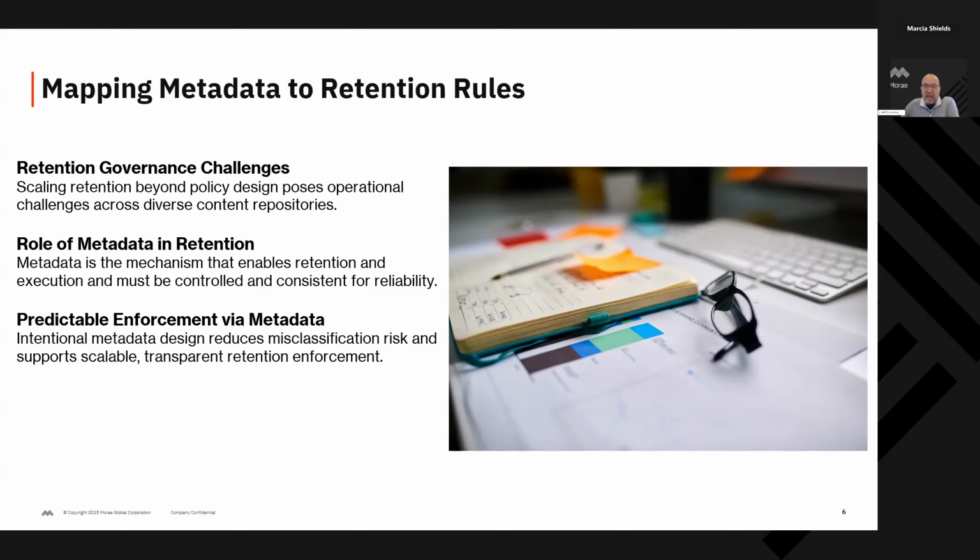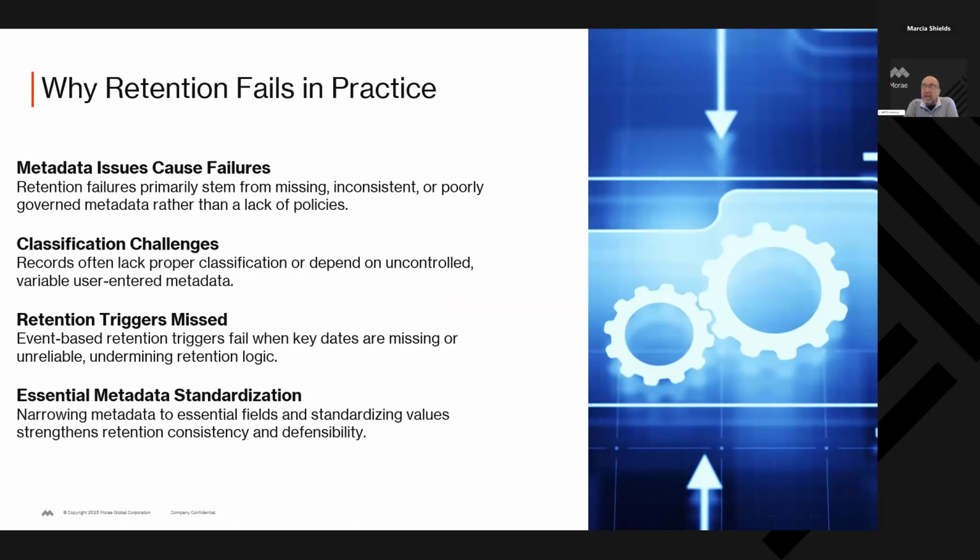So let's take a quick look at some things. First, we'll talk about why retention fails in practice. What are some of the things that are happening around retention in practice? It's really not about missing schedules or the date passing and us not doing it. It's usually about these three things. A, the records aren't being classified, so we're just not properly classifying records.